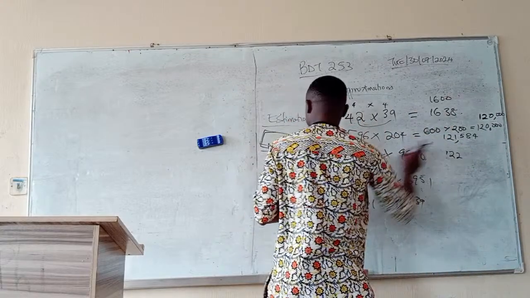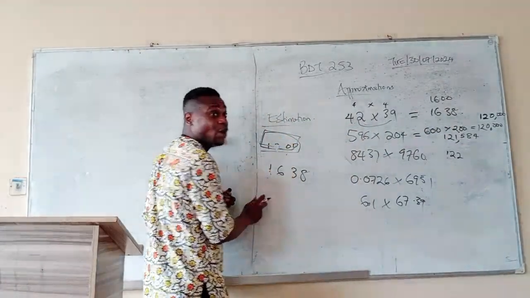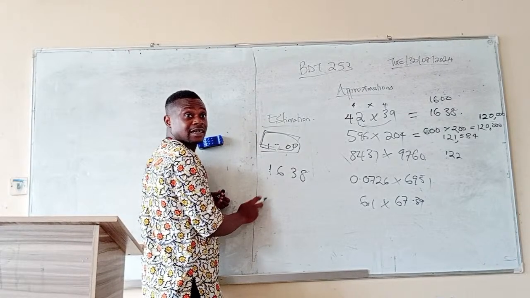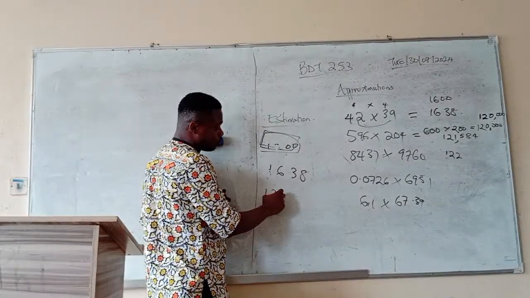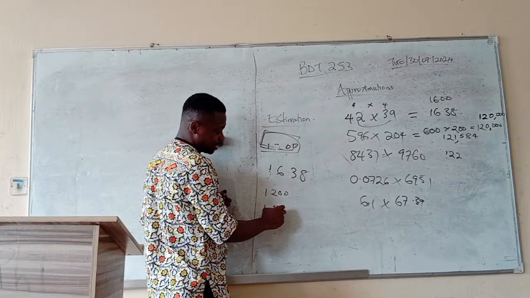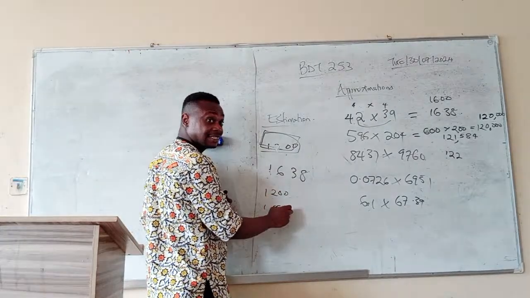Now, the effect on this one. Remember, this is a small number. This is a small number, around 1,200, 1,600.